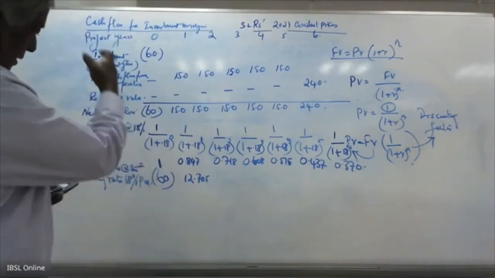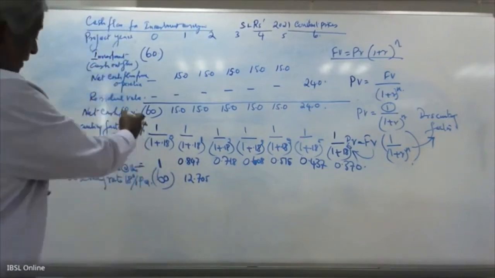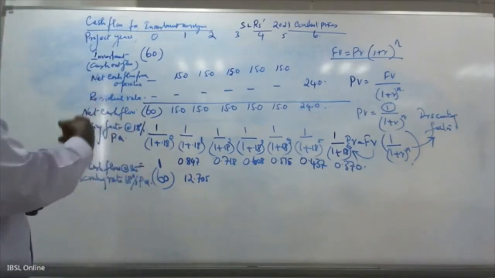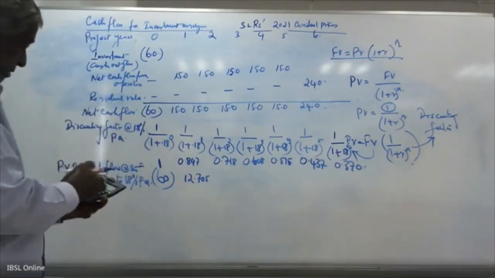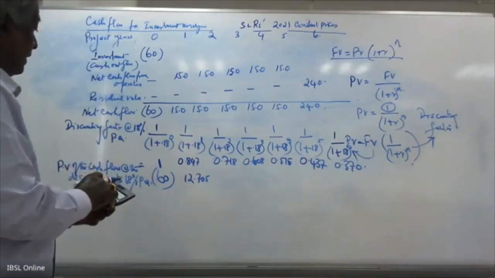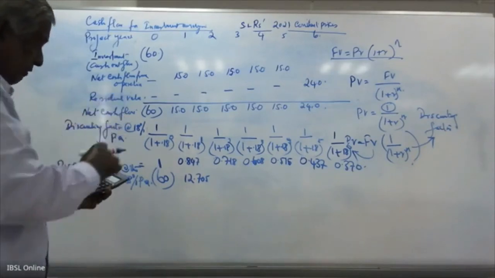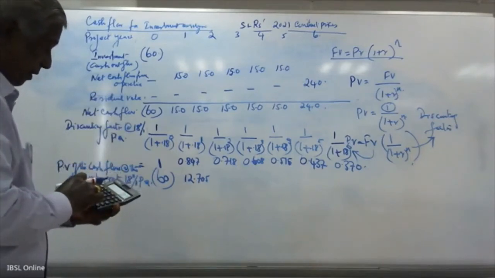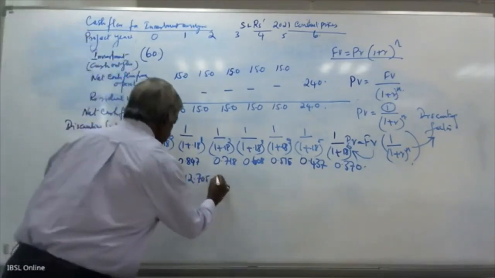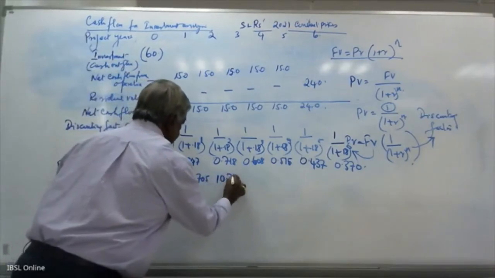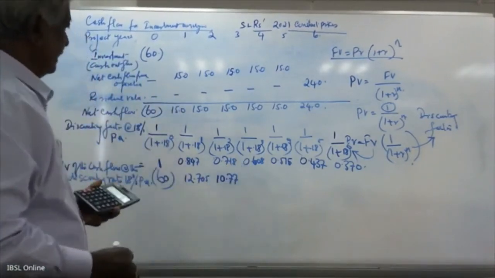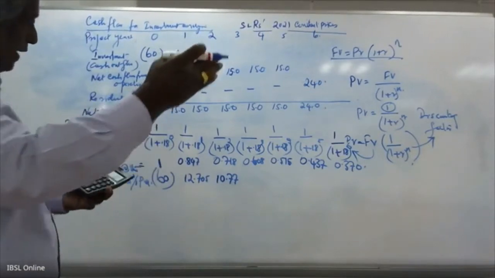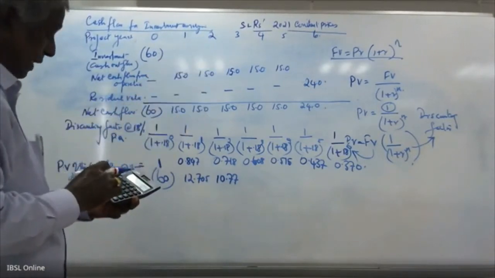Multiply the future value by the relevant discount factor and you get the present value. Again, multiply 15 by 0.718, that is 10.77. Again, multiply 15 by the discount factor 0.608.